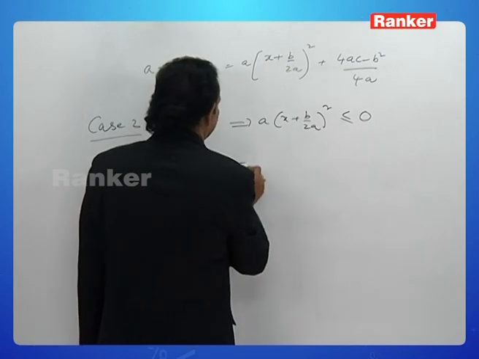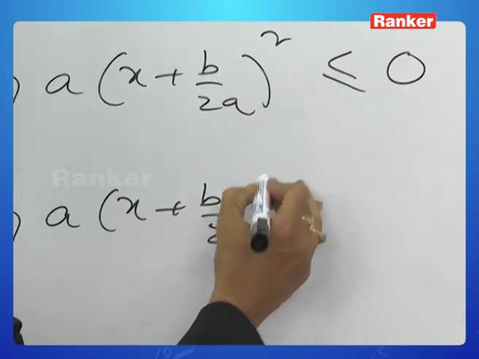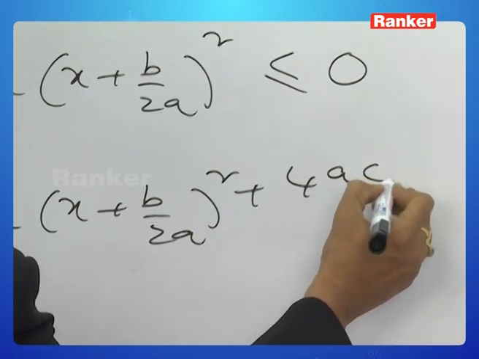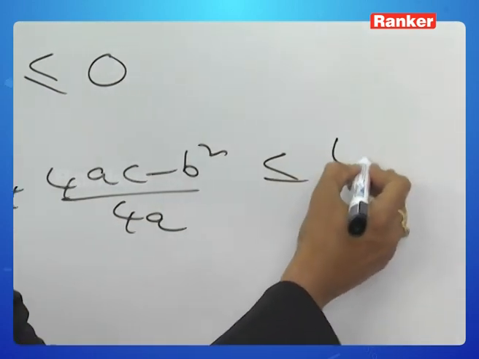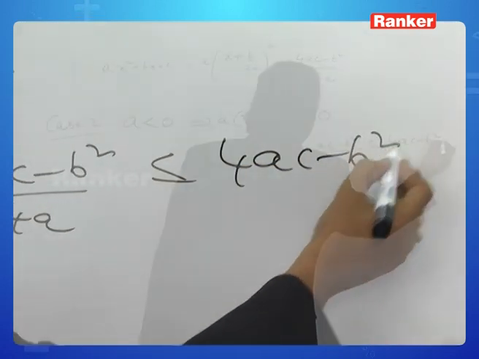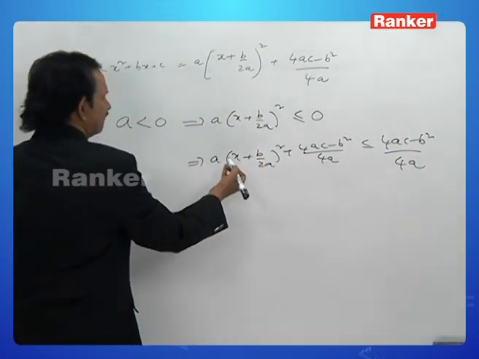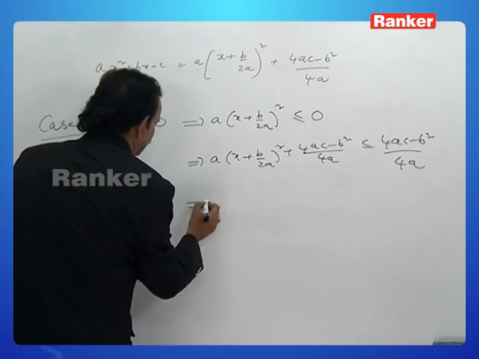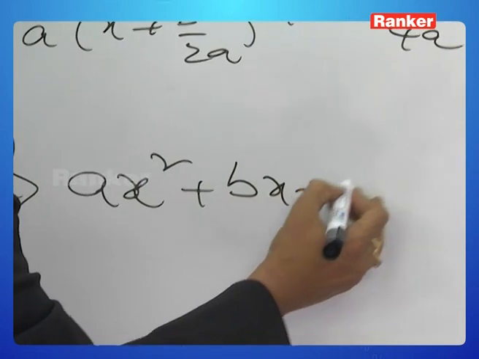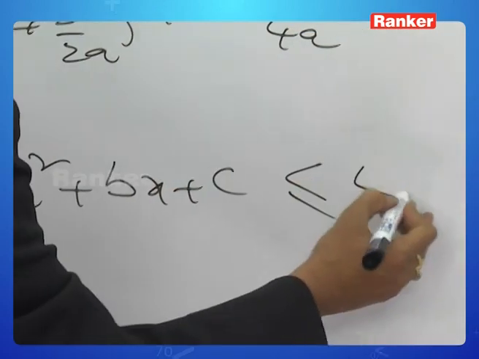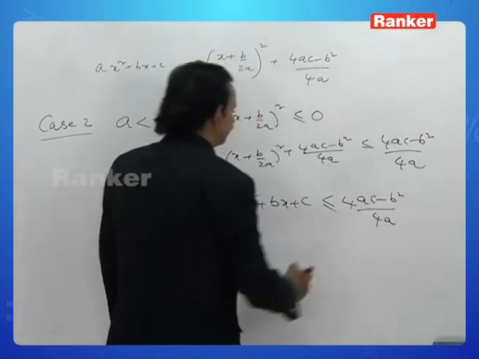And adding (4ac minus b square) by 4a on both the sides, we shall have ax square plus bx plus c is less than or equal to (4ac minus b square) by 4a.